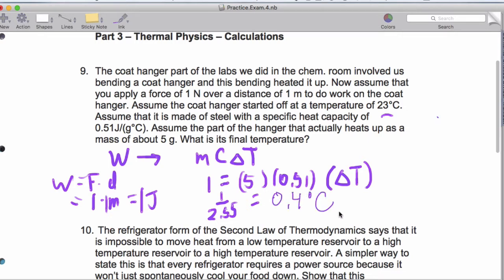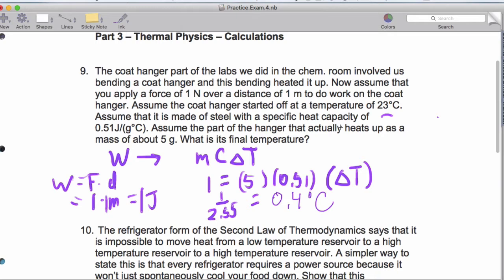That's all well and good. Now let's be clear. This is for 1 bending of the coat hanger. Imagine now if you repeat this process, say 50 times, you're going to be changing your temperature by about 20 degrees centigrade, which is 43.